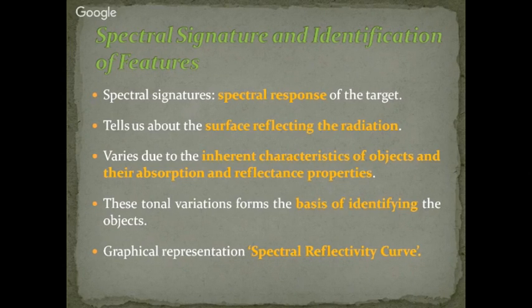In a spectral reflectivity curve, we plot the reflectance values of different surfaces at different wavelengths, and by doing so we are able to draw a curve for a particular surface. Based on that curve, we can identify how a particular surface, for example water, behaves differently at different spectral wavelengths.